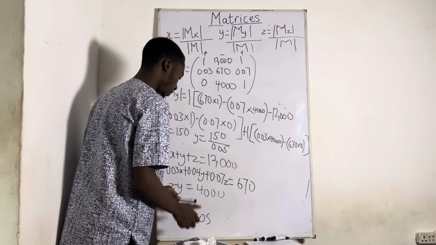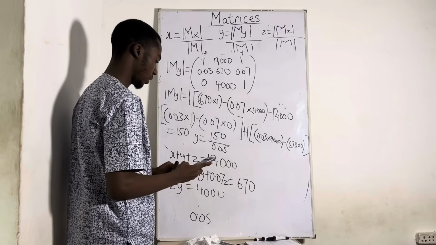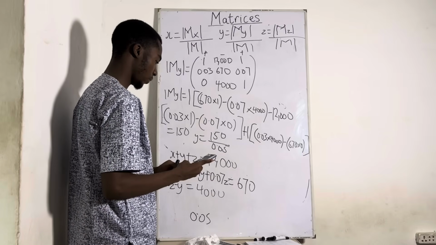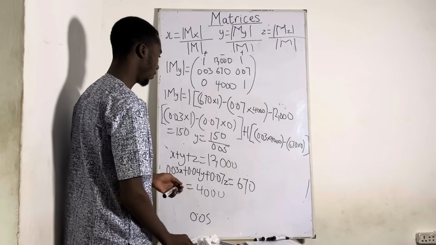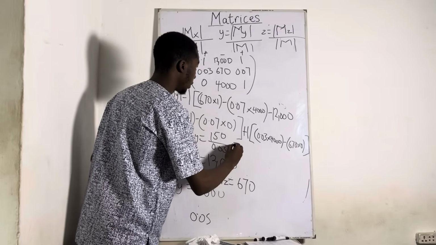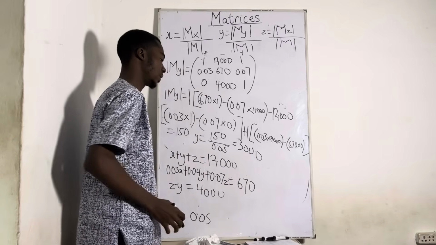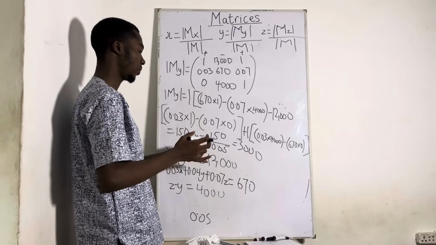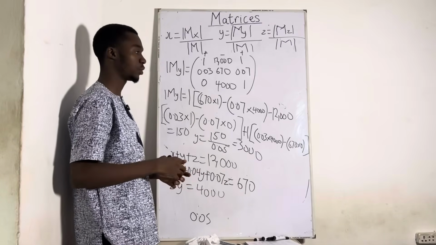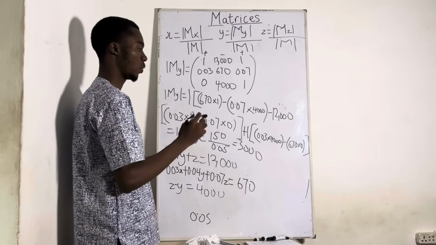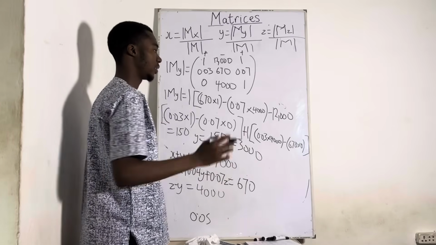So let's do 150 over 0.05 on the calculator. So 150 over 0.05. So you are getting 3,000. So this is equal to 3,000. So our y is 3,000. So it means that he invested 3,000 in the municipal bonds. Because earlier on we said you are going to represent the municipal bonds by y. You get it? So our y is 3,000.